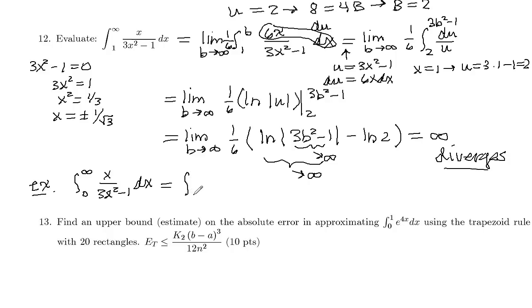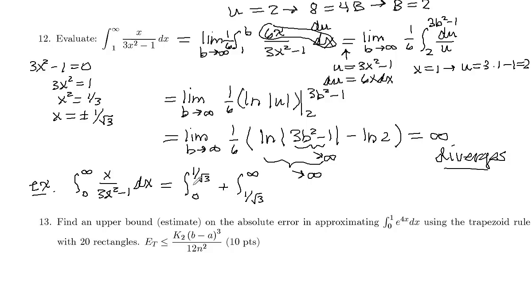So you break it up into two pieces, 0 to 1 over square root of 3, plus the integral from 1 over square root of 3 to infinity. And then you would evaluate both pieces.